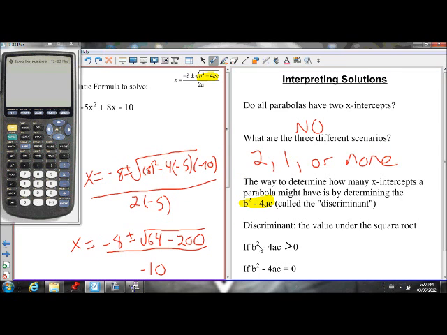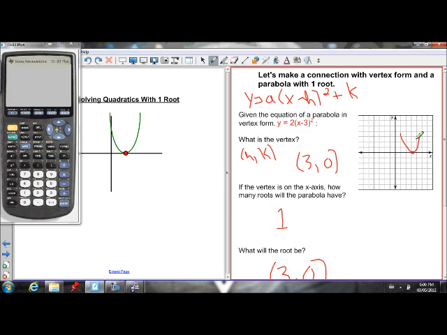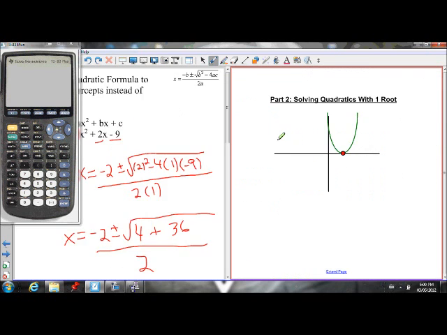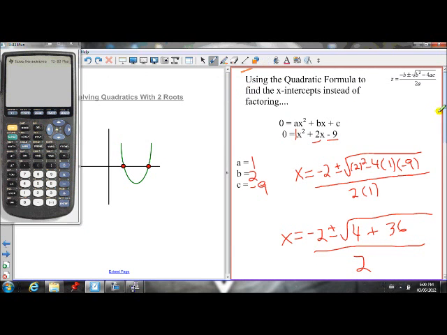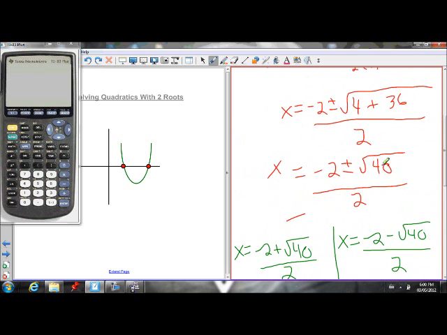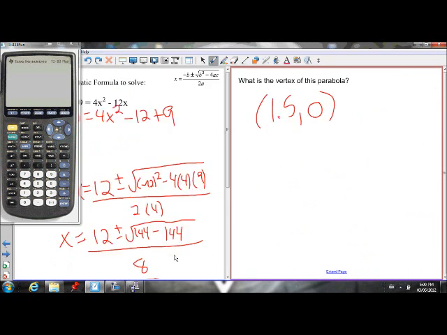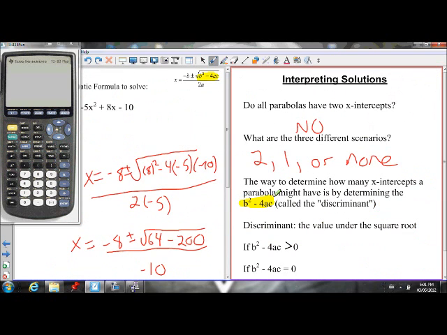If b squared minus 4ac gives us a positive answer, like in our first example, here, with two roots, that resulted in 2 solutions. So if b squared minus 4ac is greater than 0, that gives us 2 solutions.